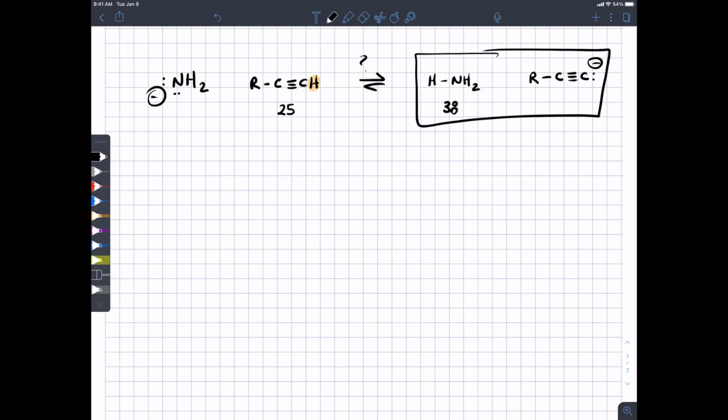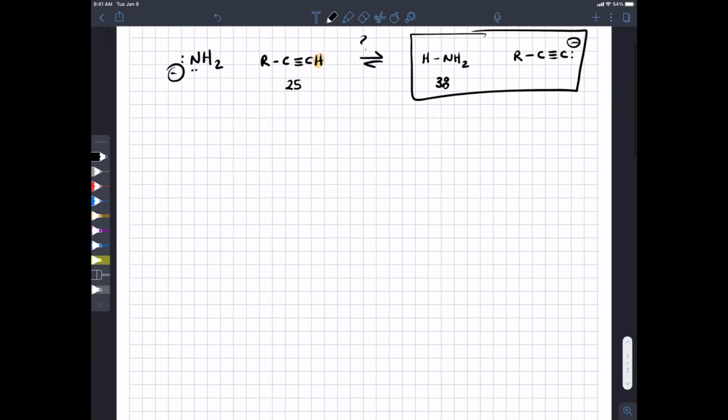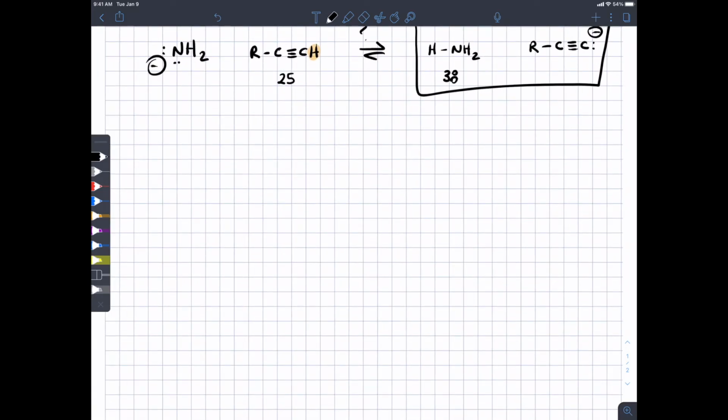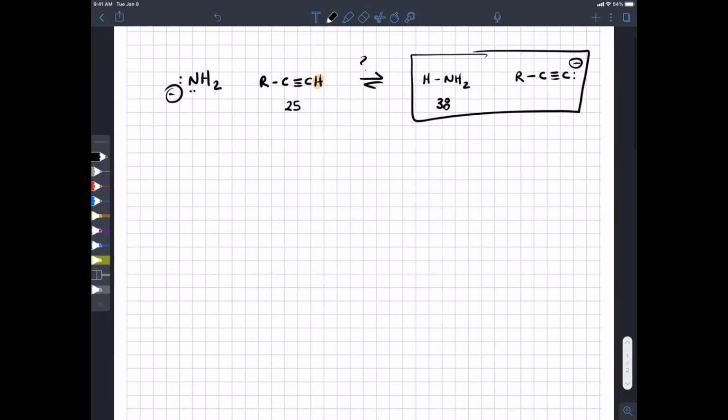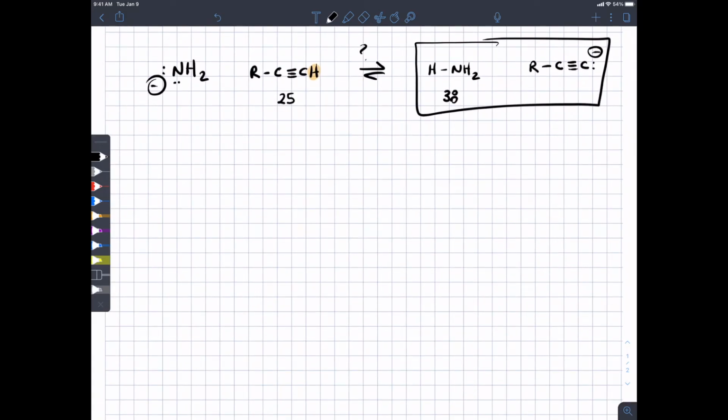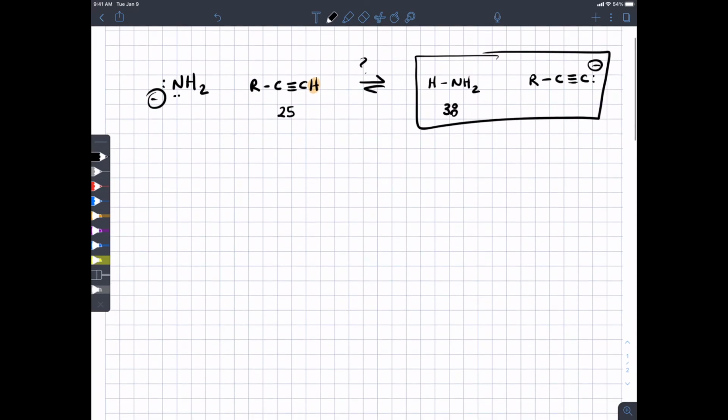Now, when formatted that way, it's a pretty straightforward question to answer. However, as you know, I am evil, and so sometimes I will format the question in a slightly different way. I'm going to make up a molecule, I haven't thought anything of it until now.